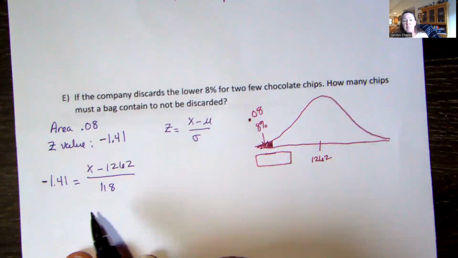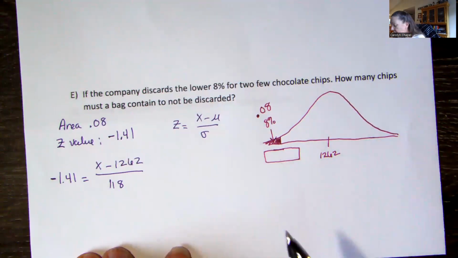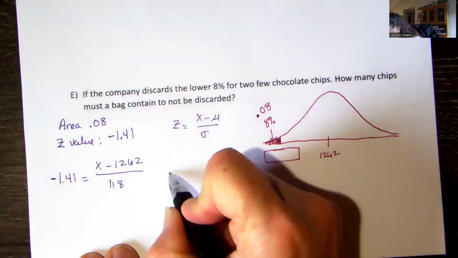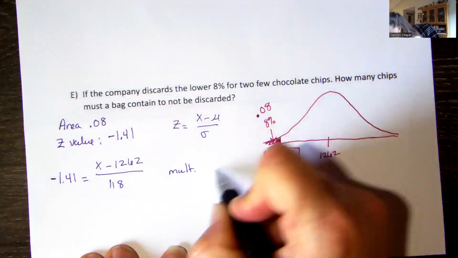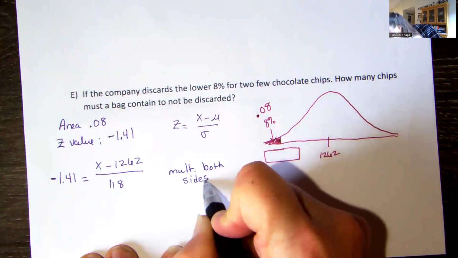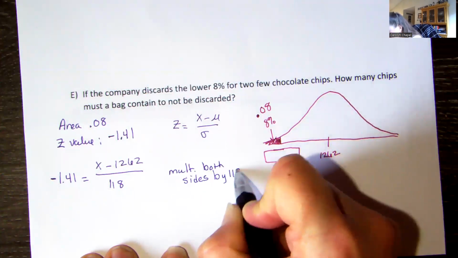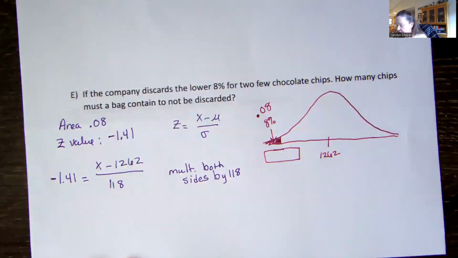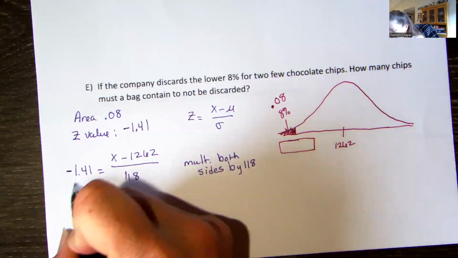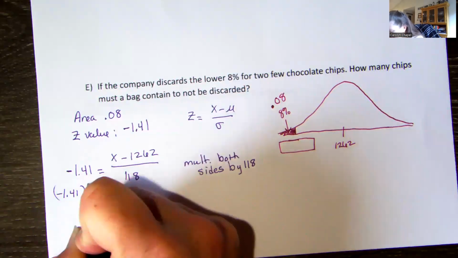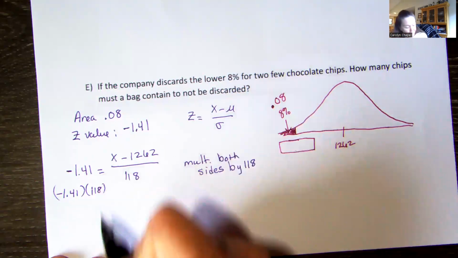Okay, and now I have to remember a little bit of algebra. The first thing I'm going to do is get rid of my fraction by multiplying both sides by the 118. When I do that, it cancels the 118 on this side. So I'm going to take negative 1.41 times my 118.